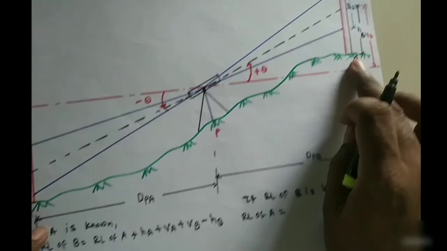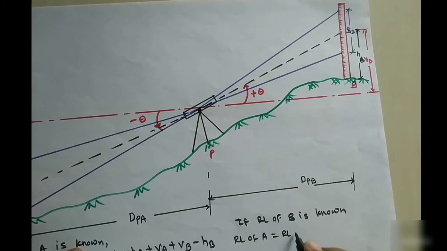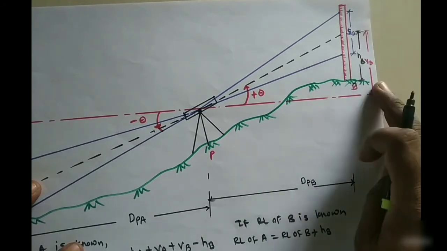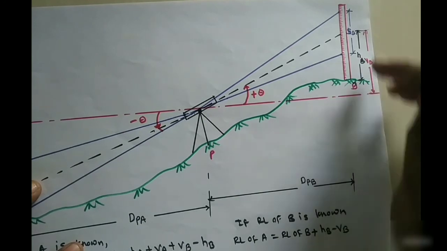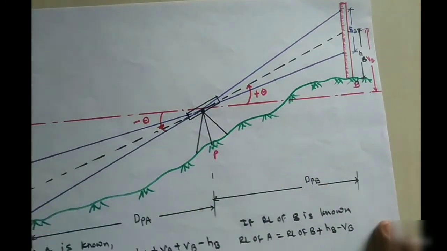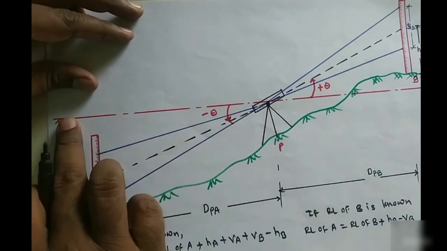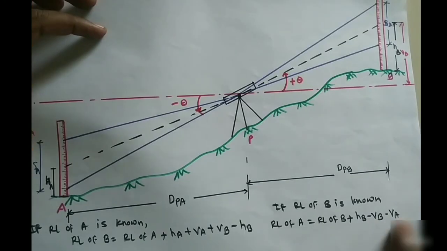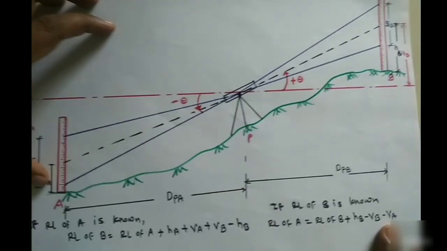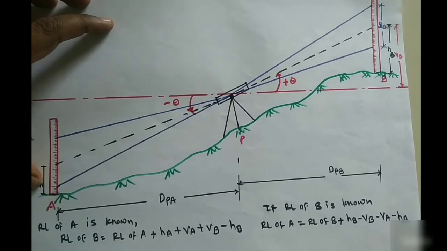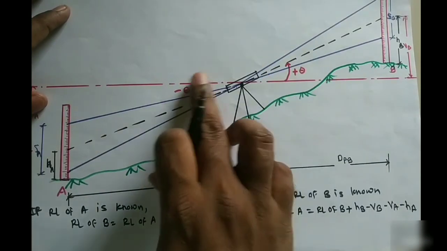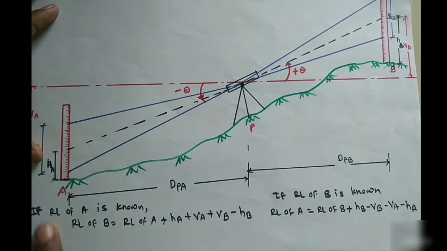Then if RL of B is given, then RL of B plus HB, that is the central hair reading HB, minus VB, we will get the height of the central axis or axis of the instrument, minus VA minus HA. Okay, are you getting the difference between the angle of elevation, when angle of elevation and angle of depression is given, then the formula becomes like this.